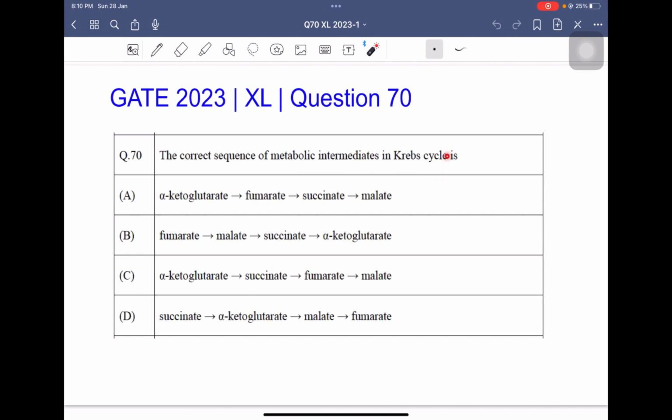Now, Krebs cycle is a part of glucose metabolism. We know that Krebs cycle also has other names, like the tricarboxylic acid cycle or the TCA cycle, or it is also known as citric acid cycle.